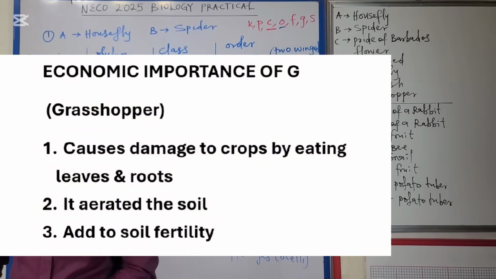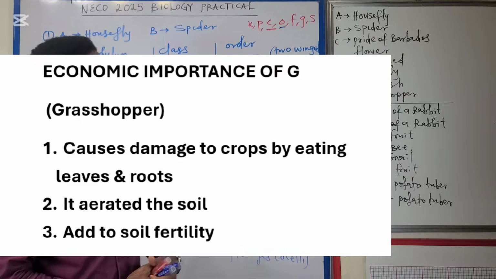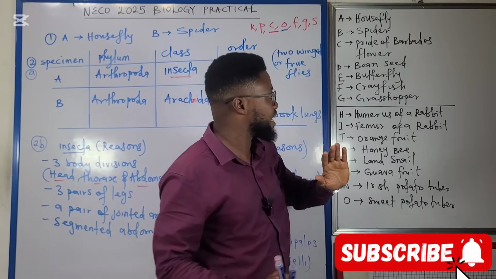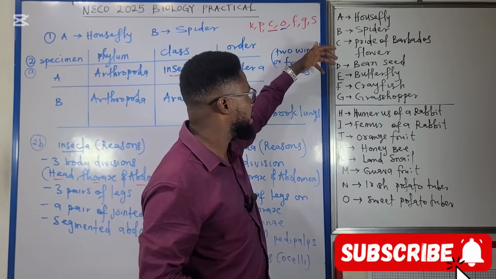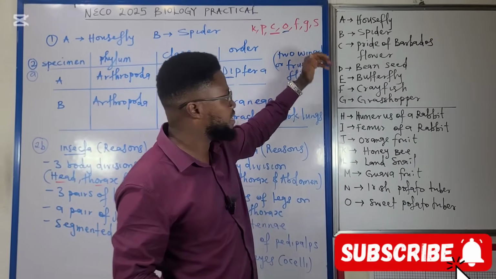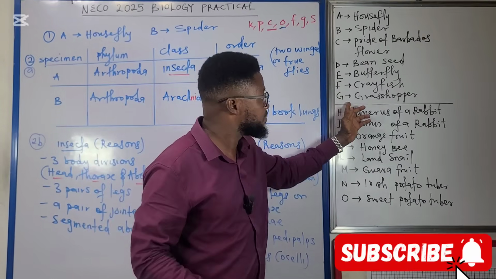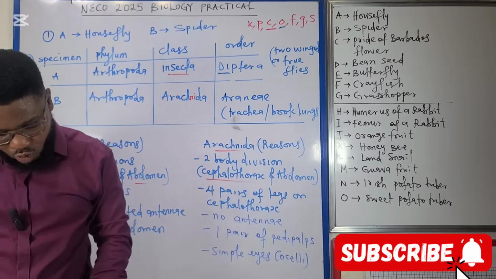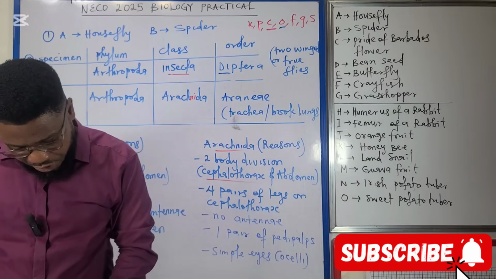So that talks about the economic importance of specimen A and B precisely. We are just adding that of specimen E and specimen G. That's talking about grasshopper by design. And that ends question number 3.